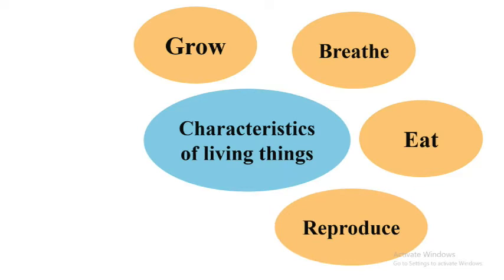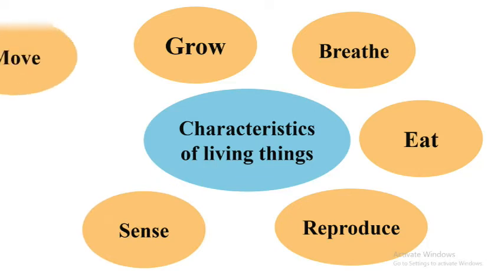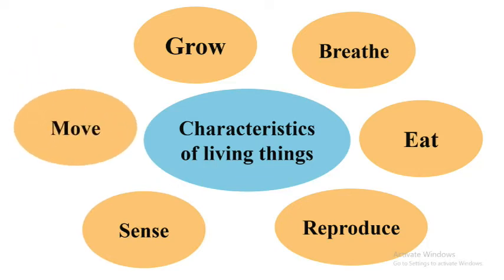Living things can reproduce and they have senses. Living things can move. Animals and human beings walk. Birds can fly. Fish can move in the sea.